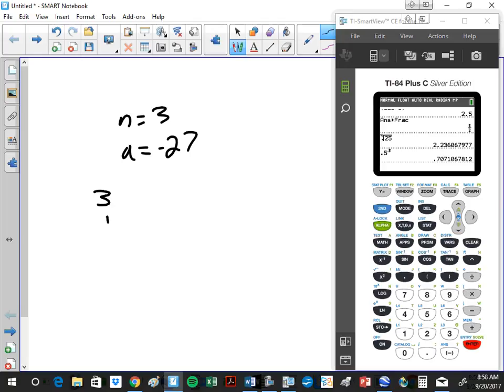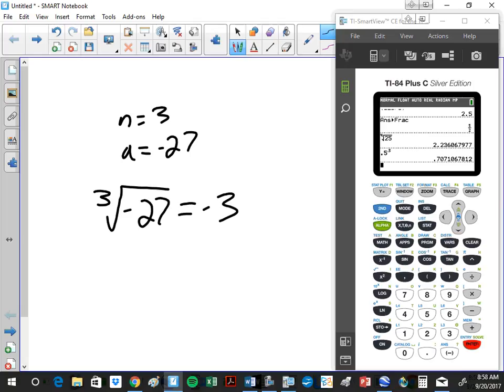What is the third root of negative 27? Why did this negative work and some of the others don't? It's an odd root. Odd roots can deal with negatives, even roots can't.